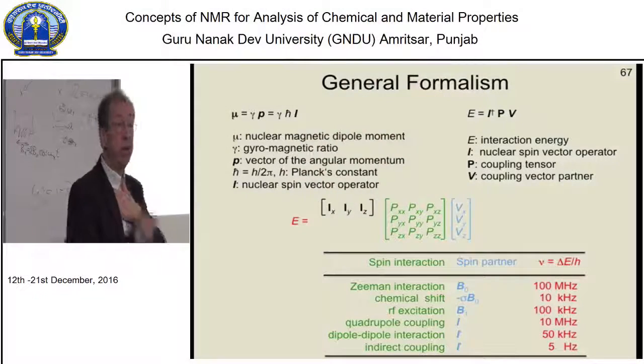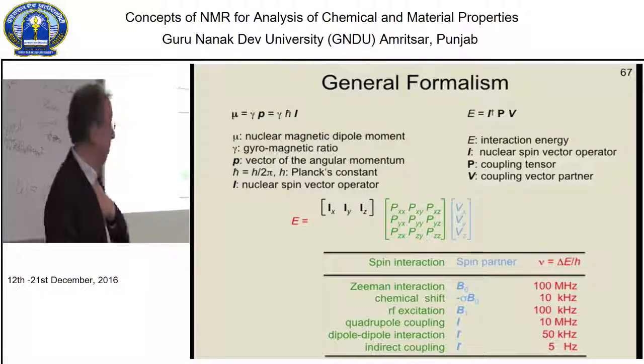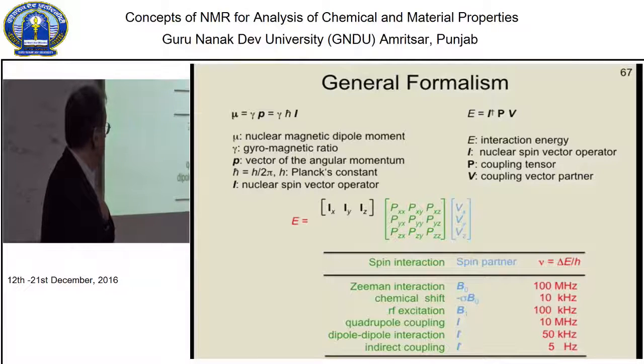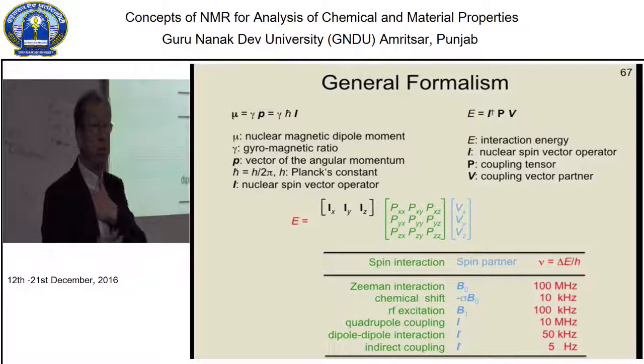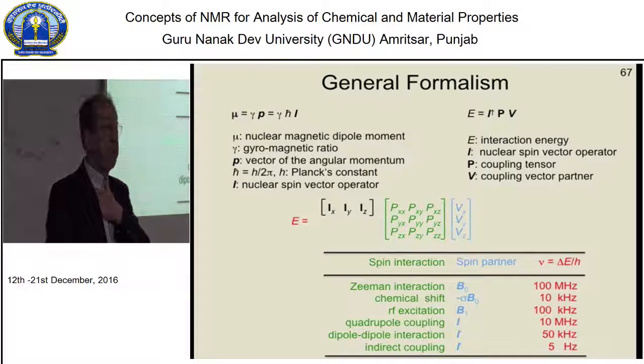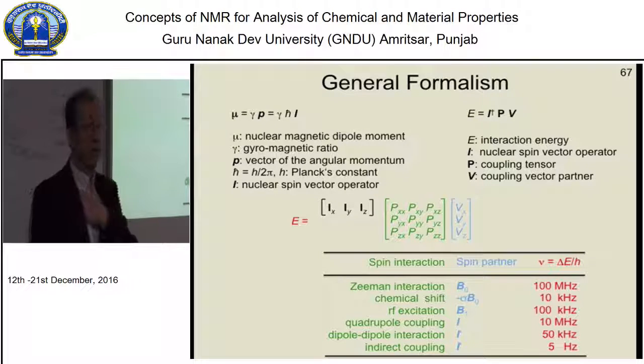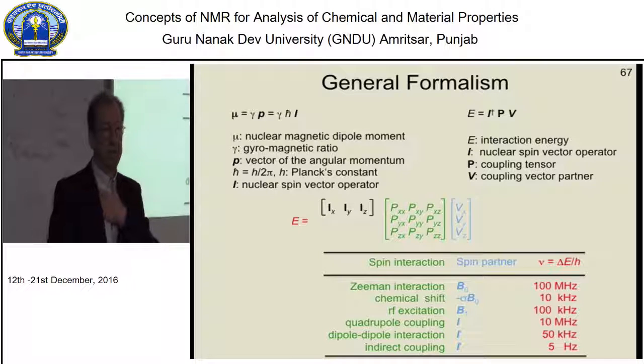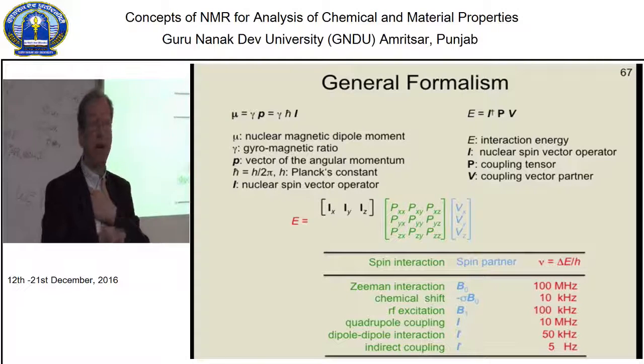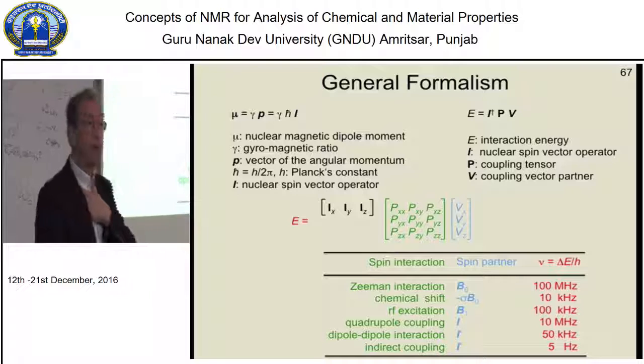Quadrupole interaction could be 10 megahertz, very strong, very difficult to measure quadrupole nuclei. Dipole-dipole interaction for protons in solids, 50 kilohertz, sometimes 100 kilohertz. Makes life very complicated. And the indirect coupling, 5 hertz. Weak, maybe 10 hertz. Very small. Again, hard to measure if you don't have a good instrument.